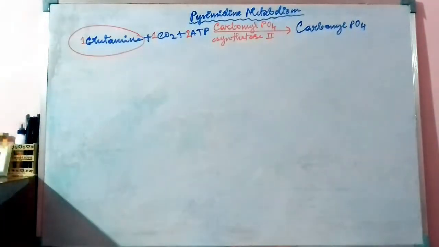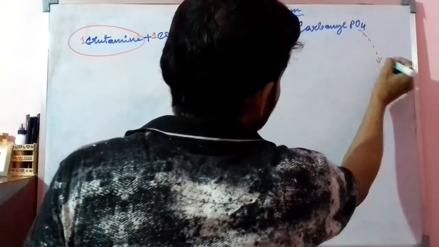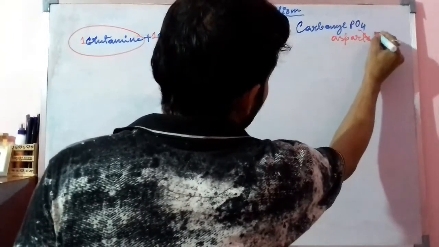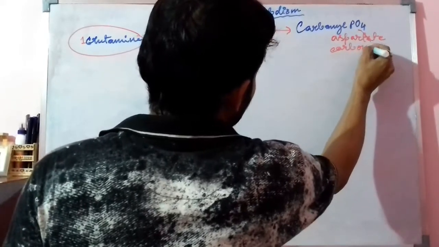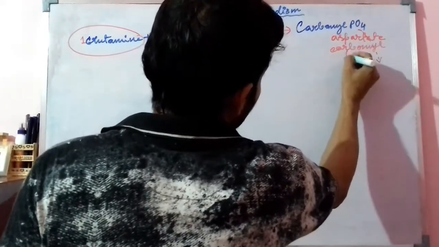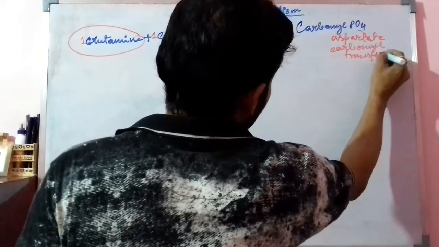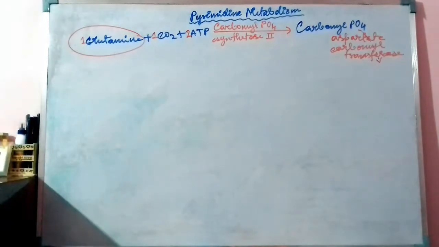Now this carbamyl phosphate, in the presence of aspartate carbamyl transferase, gets converted to what?